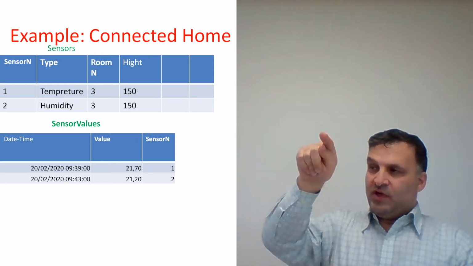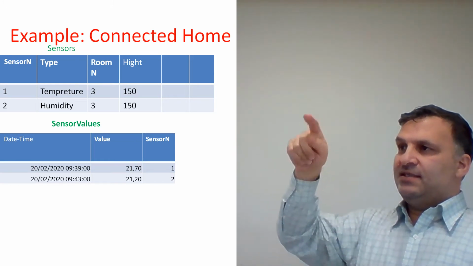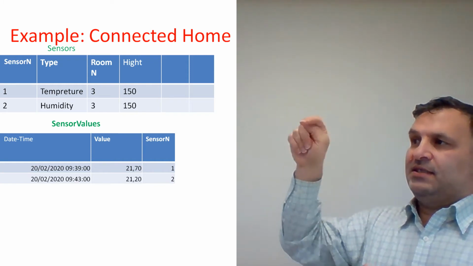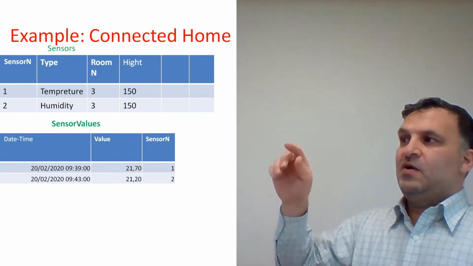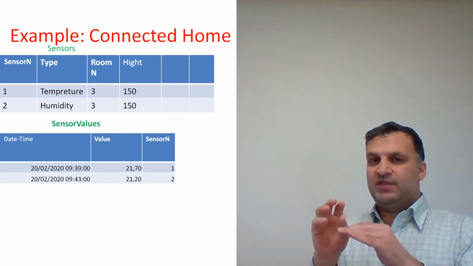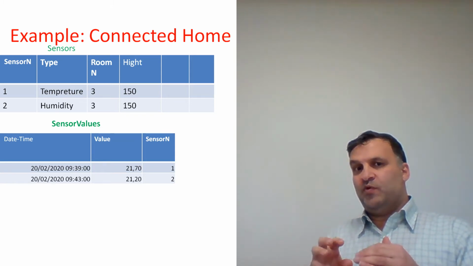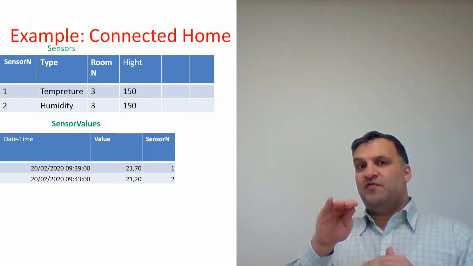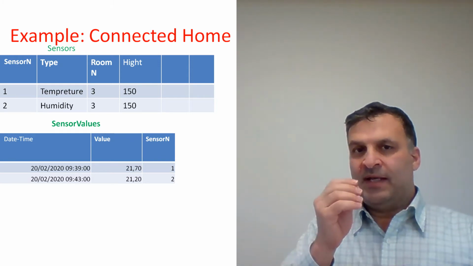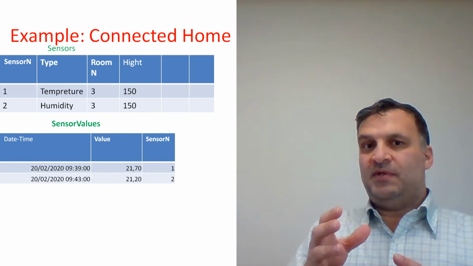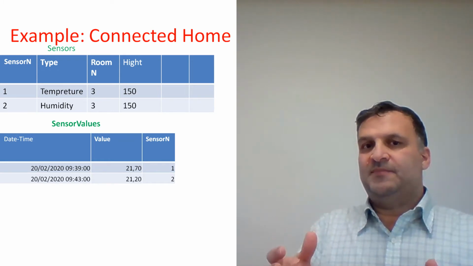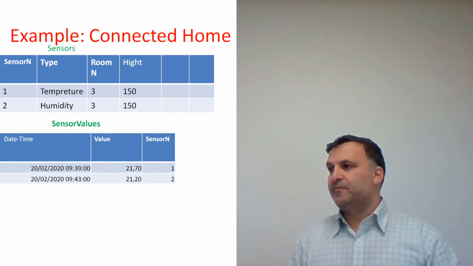If we follow the first line, sensor number 1, it is temperature. We fixed it in room number 3. What is the height? Because usually when we fix sensors, we try to put them at the height of the human in order to understand the comfort parameters in the apartment.